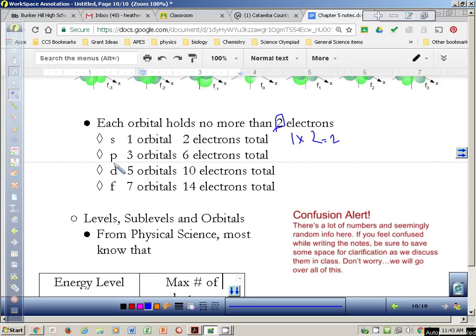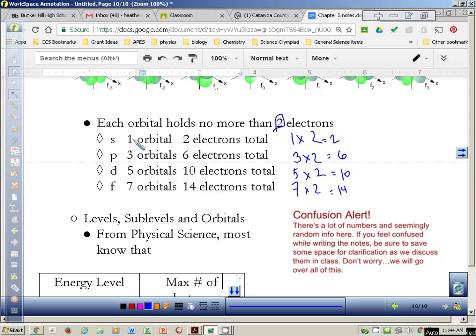If I know that P has 3 orbitals, then that means to me 3 times 2 is 6. The D has 5 orbitals. Well, each of those orbitals can still hold 2 electrons. Well, then that's 10 electrons that can go there. The F has 7 orbitals, and 7 times 2 each is 14. That's how I know that it holds 14 electrons.